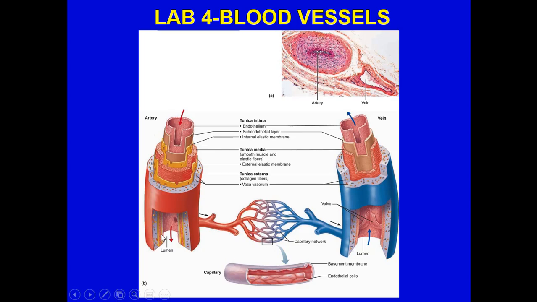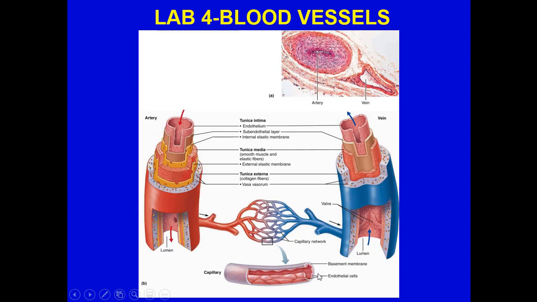This is a very nice diagram comparing the various layers of the artery, as well as the lumen of the artery, the various layers of the vein, and the lumen of the vein. Notice also the presence of valves there to prevent backflow. And then you have this nice comparison here at the capillary end, where it's very simple.